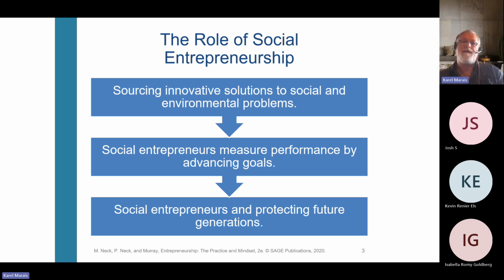But although they are traditionally non-profits or non-governmental organizations, they are now actively doing things that are not necessarily the typical things that traditionally were done.